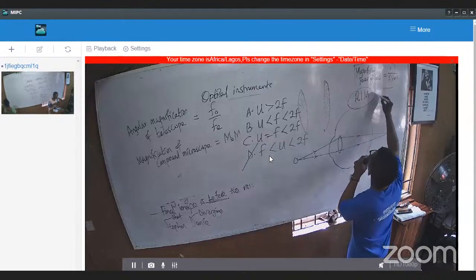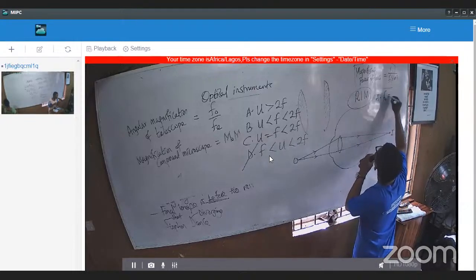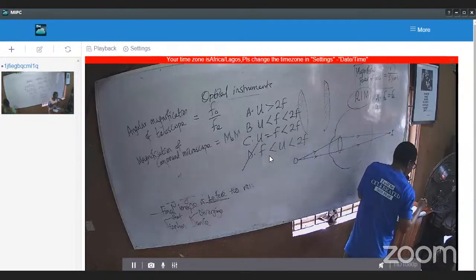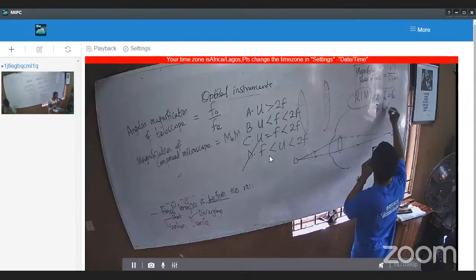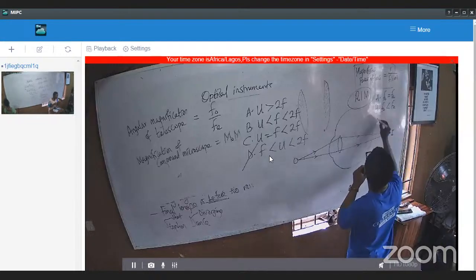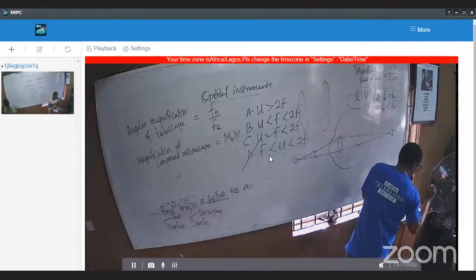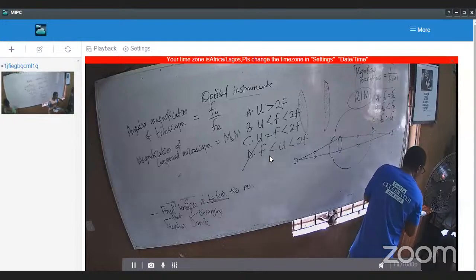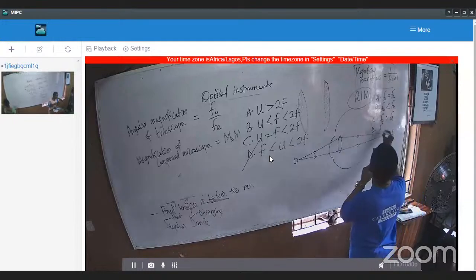I love this question. Option A, F naught equals FE. Option B, F naught less than FE. Option C, F naught greater than FE. Option D, FE equals 2F naught.